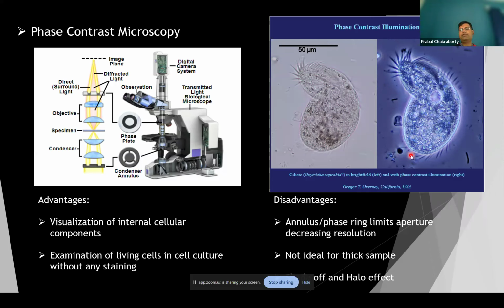Sometimes in the phase image you can see a halo kind of effect, which is very common to phase contrast images. Now there are some advancements in phase contrast objectives to reduce the halo effect. So this is the phase contrast technique.